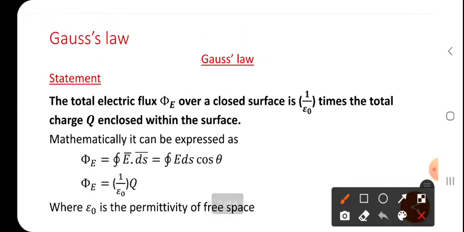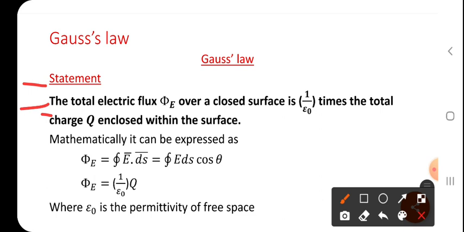And now the Gauss law statement. So what is the statement of the Gauss law? See here, the total electric flux phi E over a closed surface is 1 by epsilon naught times the total charge q enclosed within the surface.